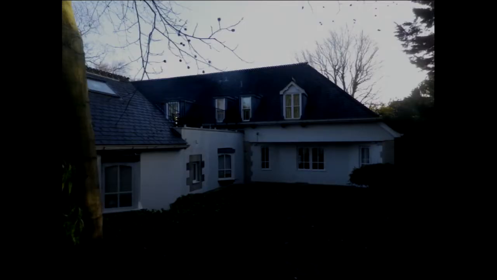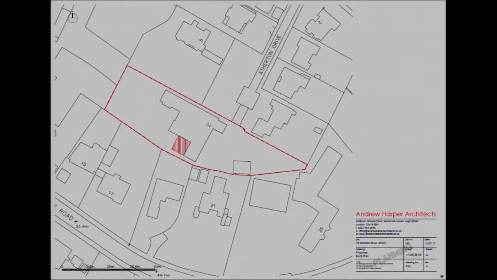Questions? No questions? Okay, Councillor Makin. I just want to know, on the condition, on number 10 on page 22, prior to commencement of development, a written scheme of investigation archaeology shall be submitted to and approved in writing by the local planning authority.